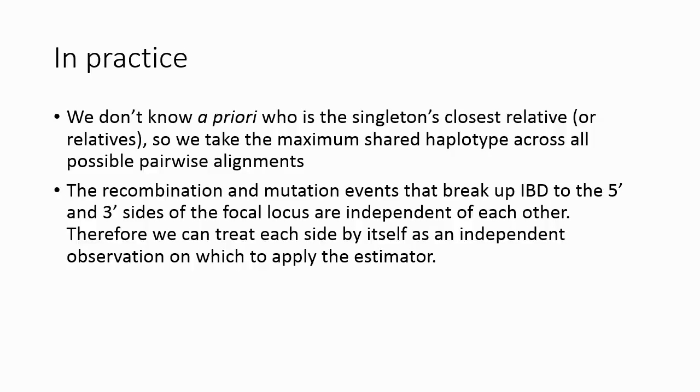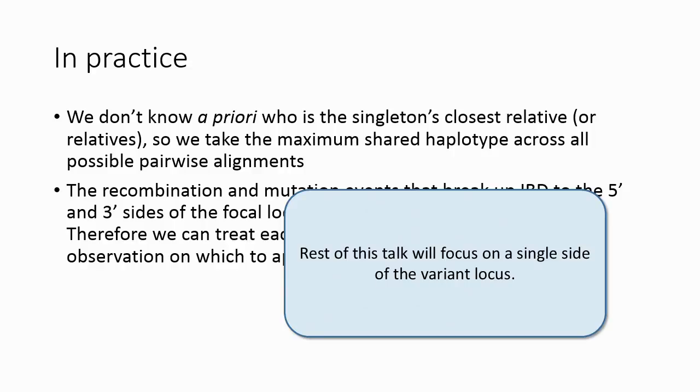So looking this way and looking this way, we have haplotype tract lengths that are both independent observations of things we can use to build an estimator of that time to coalescent event. So the rest of the talk's really just going to focus on looking one direction. So mutation at one end, keep going till we find some sort of other event, right?